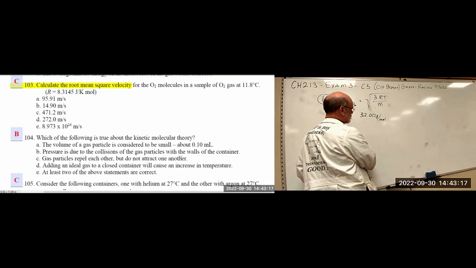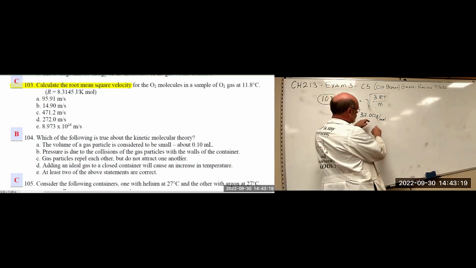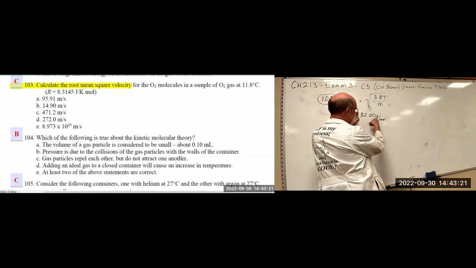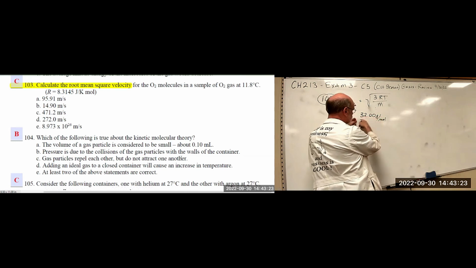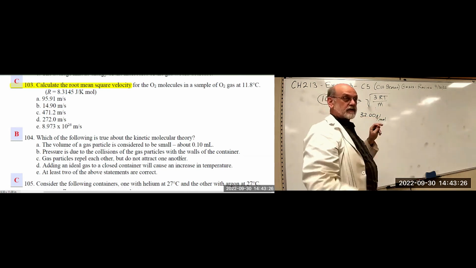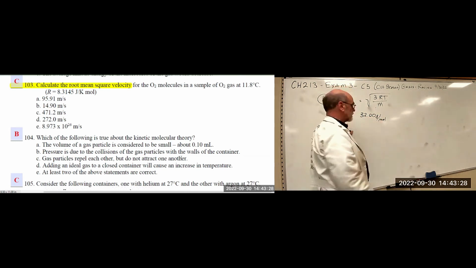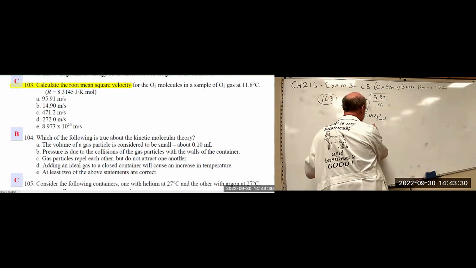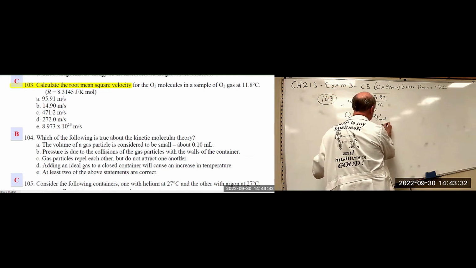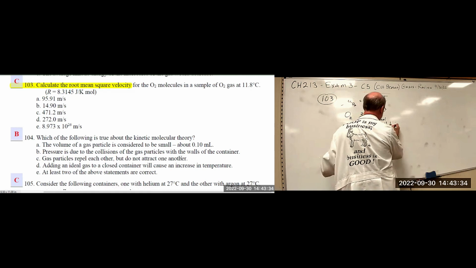So how do you get kilograms out of that? Well, if you take 1,000 times out of that and put it over here, then this has to move smaller, right? Units get bigger, number gets smaller. So we say 32.00 times 10 to the minus 3 kilograms per mole.